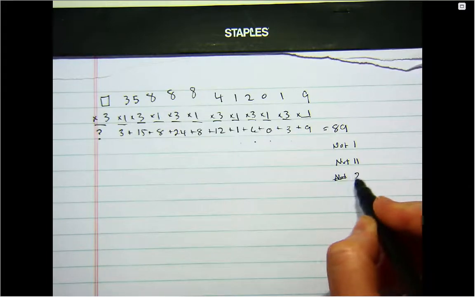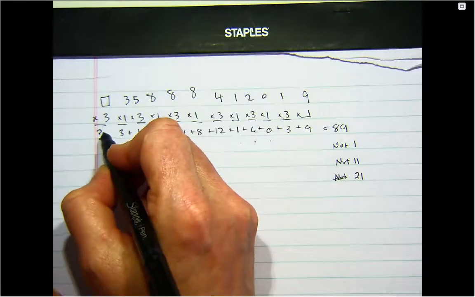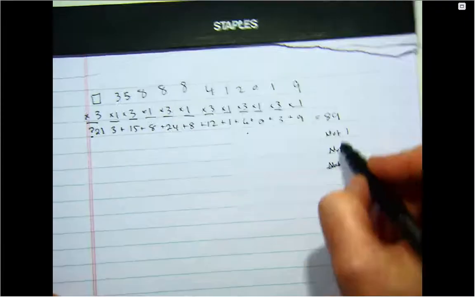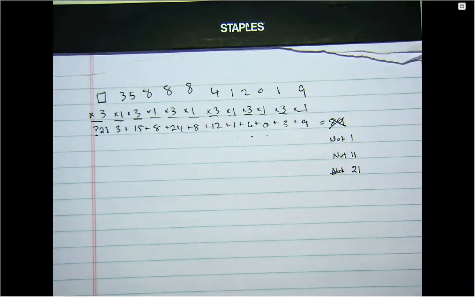How about 21? Okay, so if this was 21, 21 is evenly divisible by 3, so I'm going to pick 21 here. So if this is 21, then instead of 89, I'd have 89 plus 21, which is 110.